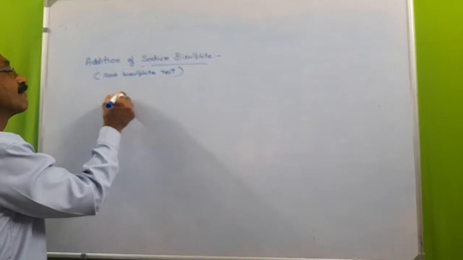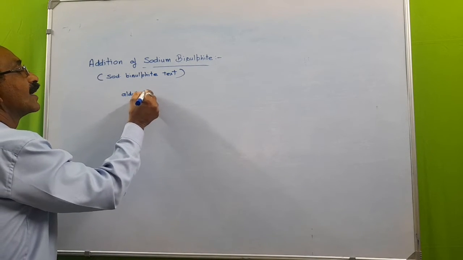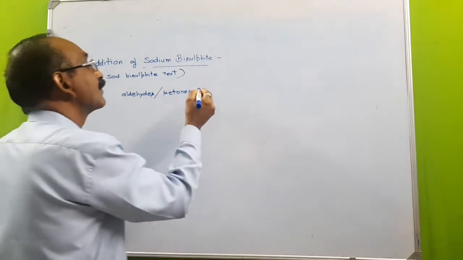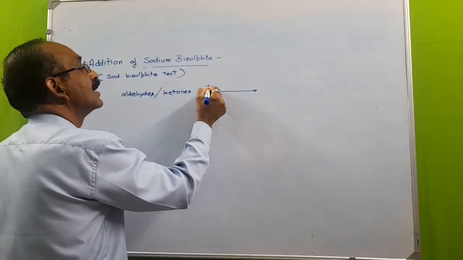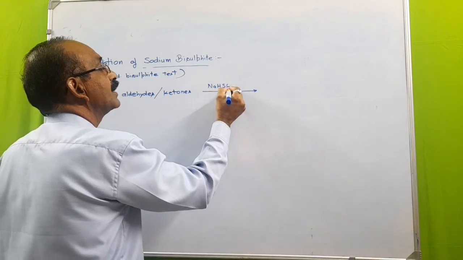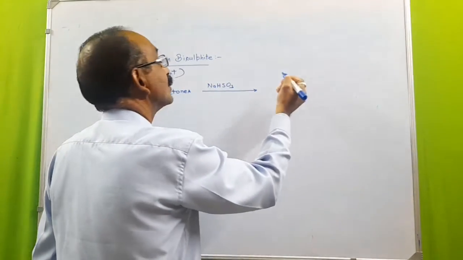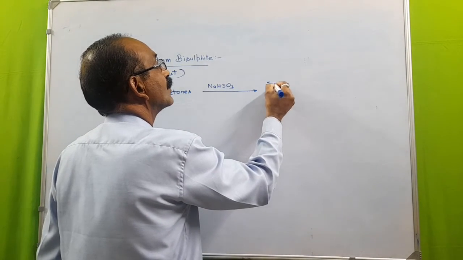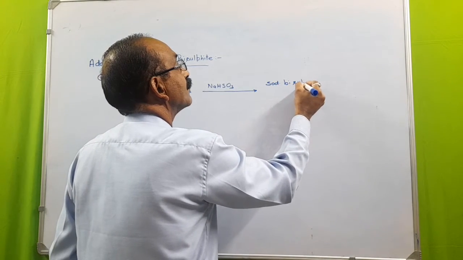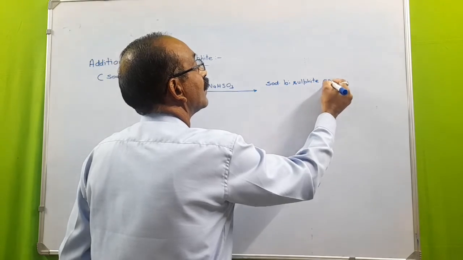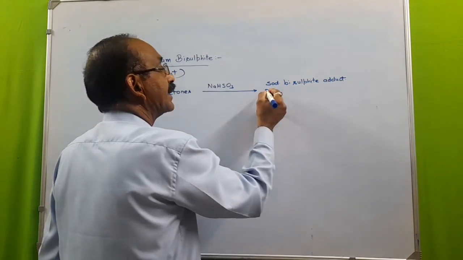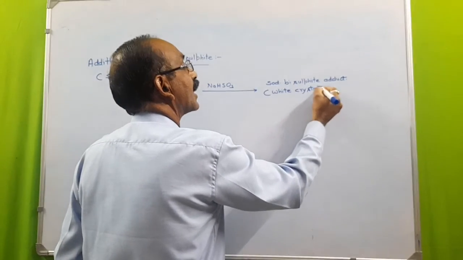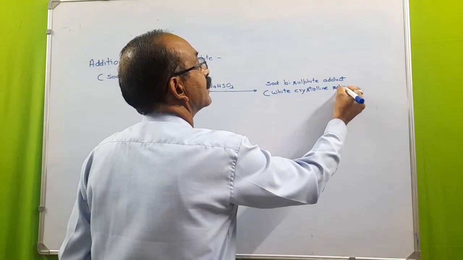Here what happens, aldehydes and ketones, when treated with sodium bisulfite, they give sodium bisulfite adduct, and this one is a white crystalline solid.